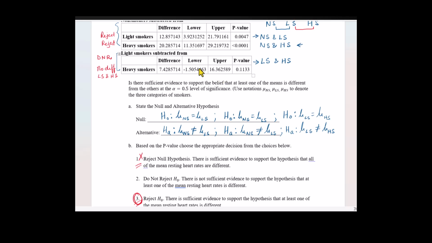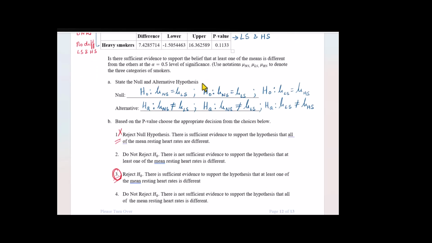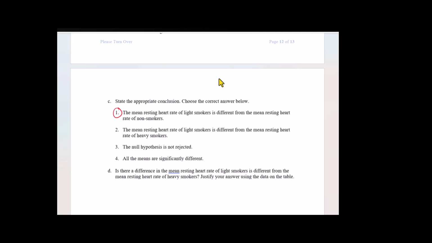Therefore, it contained a difference of 0, which tells us that there's no difference between the means. Also, if you look at the p-value, it's 0.1133, which is pretty high. 0.1133 is definitely much higher than the alpha value of 0.05. Therefore, we should not reject the null hypothesis for this comparison. So the right answer is C.